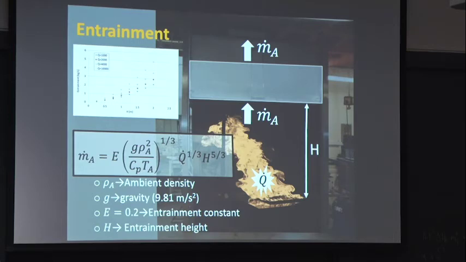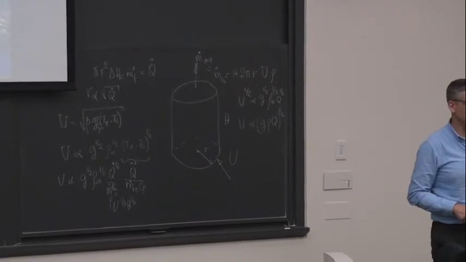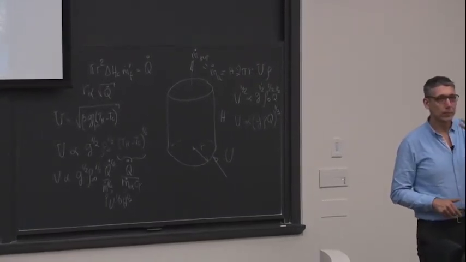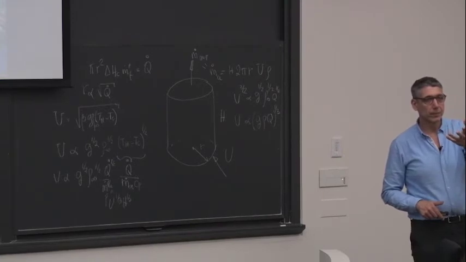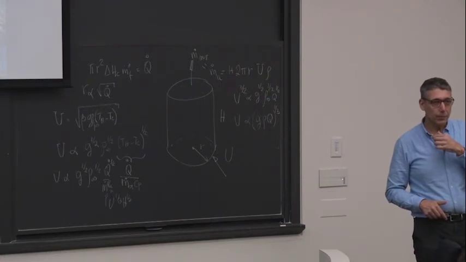Okay? Now, if you look at this then, for example, here I took a cylinder. So what happens if I put the fire in the corner? You change the air entrainment because you couple the surface of. Yes.